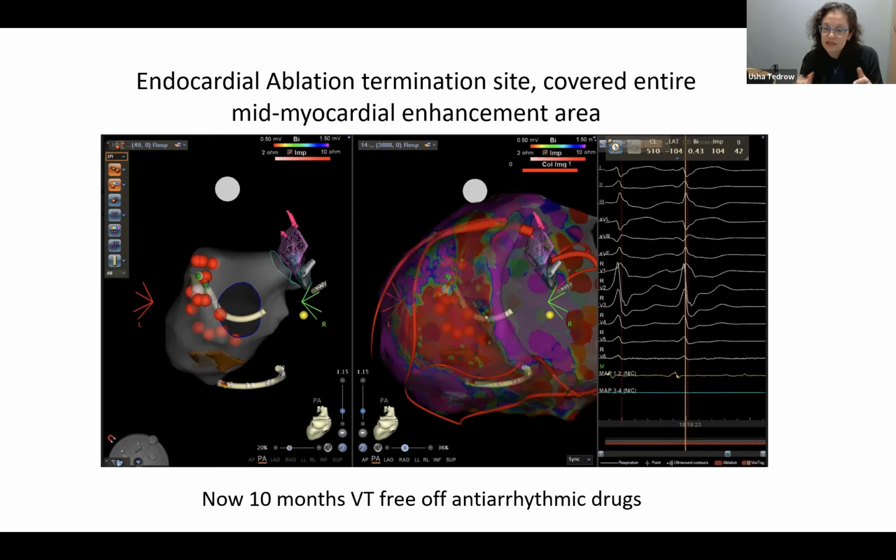With any changes that might occur in the patient, if they were in AFib and then go into sinus rhythm, the real-time information can be really helpful. And for intracavitary structures like the papillary muscles, I think ICE is really essential.